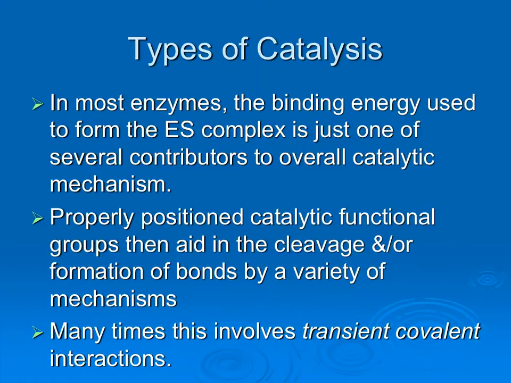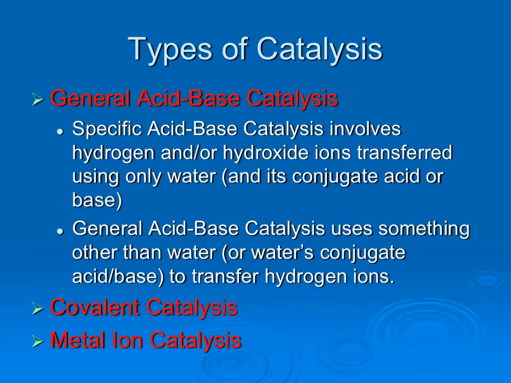Right. So other general terms that I wanted to go over for catalysis. There's general acid, general base versus specific acid, specific base. What this means, and if I remember right, given many of your enzyme topics, this is probably the predominant type of catalysis that most of you will be talking about.